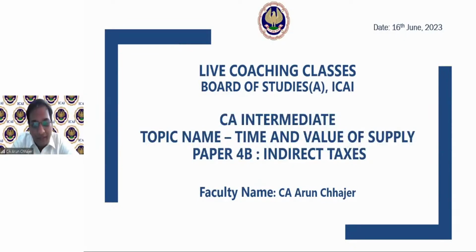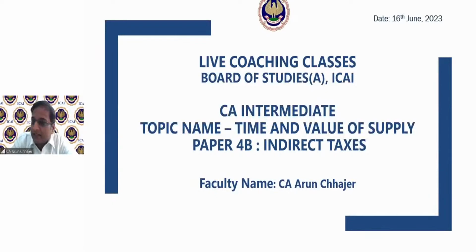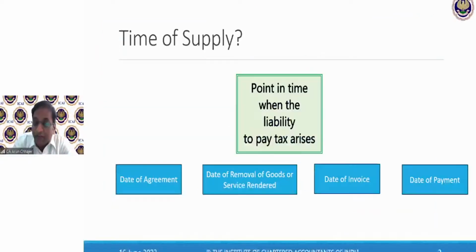So now today's topic is, as we discussed, time and value of supply. Why do we need to understand the time of supply, or what is the requirement to read this chapter? Because one transaction can be staggered across multiple tax periods, multiple months. Let's say you have given the advance to me in the month of January. I have completed the manufacturing in the month of February.